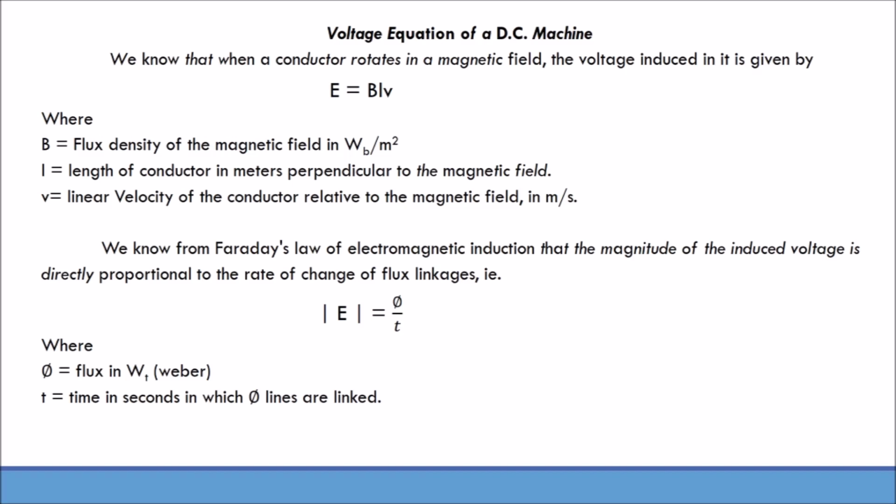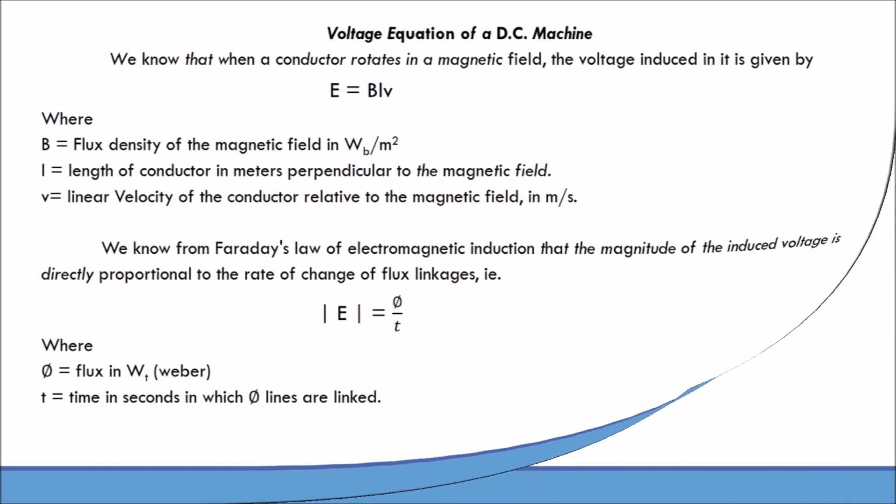We know from Faraday's laws of electromagnetic induction that the magnitude of the induced voltage is directly proportional to the rate of change of flux linkages. That is, magnitude E equals phi by T, where phi is the flux in Weber, and T is the time in seconds in which phi lines are linked.